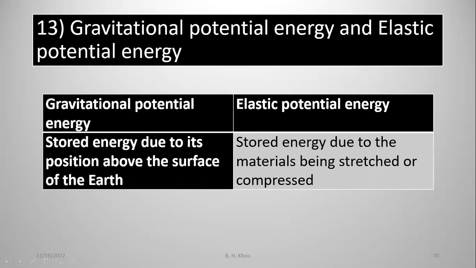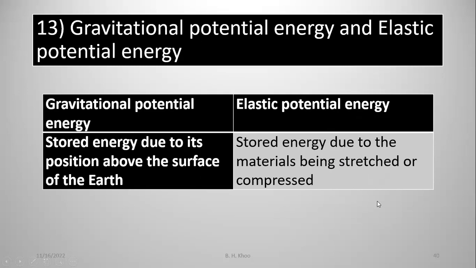Gravitational potential energy and elastic potential energy: what's the difference? Gravitational potential energy stores energy due to its position or height above the surface of the Earth. Elastic potential energy stores energy due to the material being stretched or compressed.